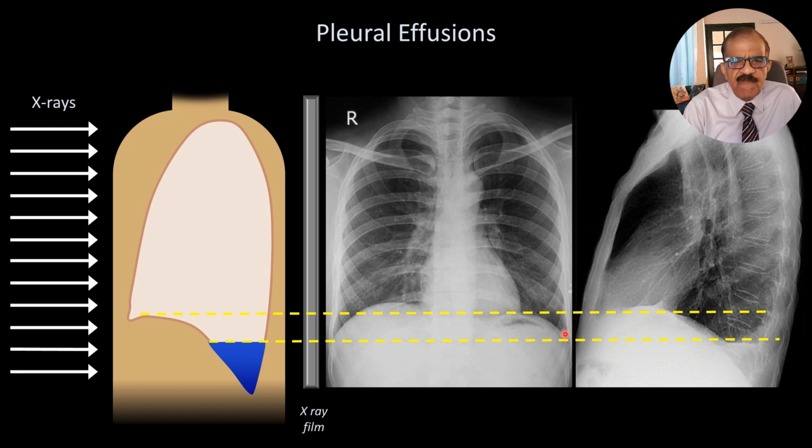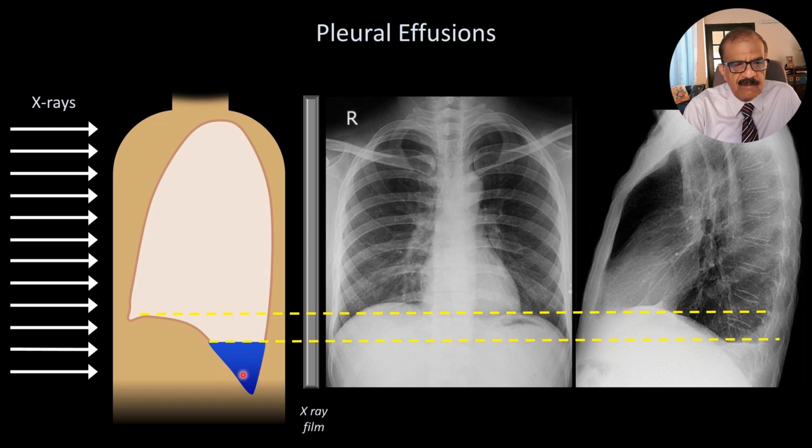So if there is fluid, it should come here and obliterate these angles. But if you see the lateral film, now compare it with this one or this one, the most dependent part of the pleura is actually this part, the posterior recess. So a small amount of effusion is more likely to show in the lateral film, obliterating this angle.